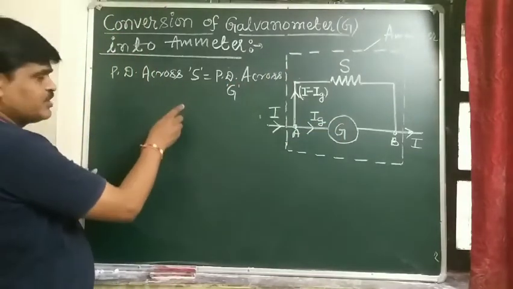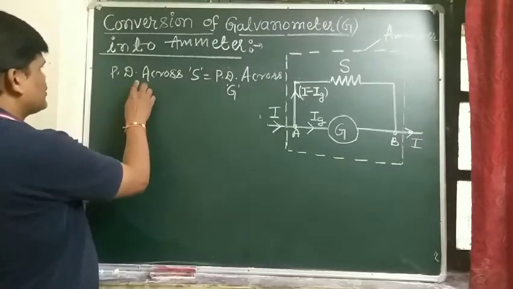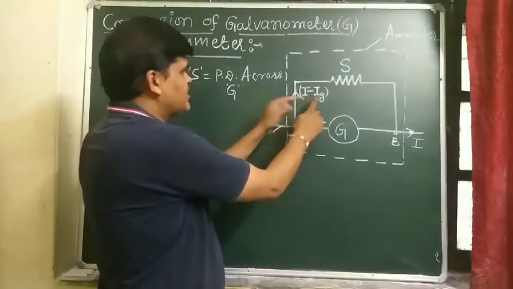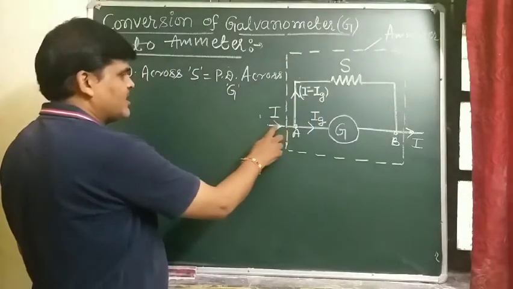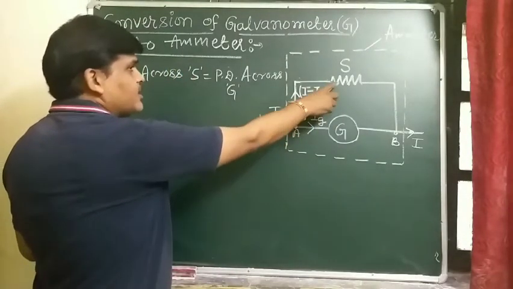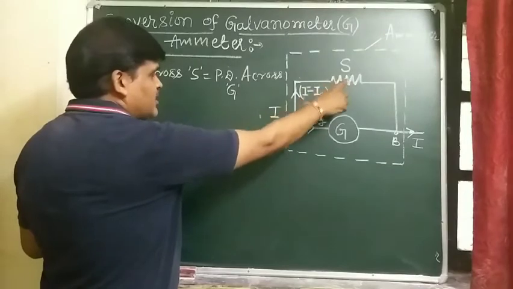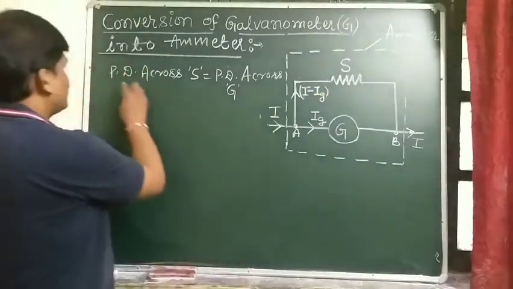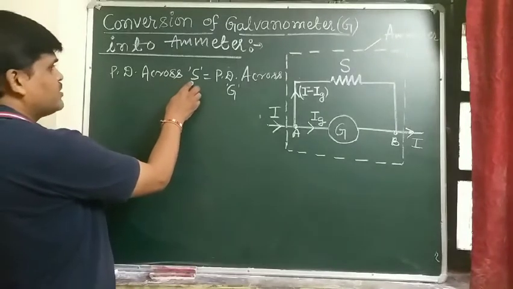And potential difference, you know, is IR. The current flowing through the shunt resistance is I minus Ig. Total current entering is I, and I minus Ig flows through the shunt resistance, Ig flows through the galvanometer. So potential difference across R means IR.